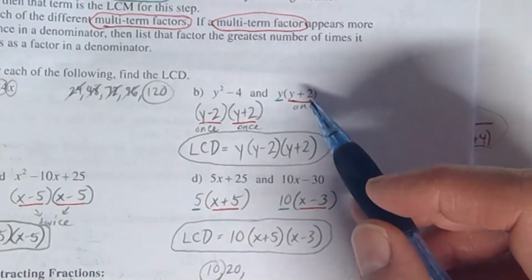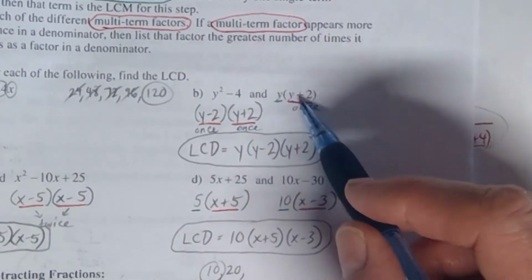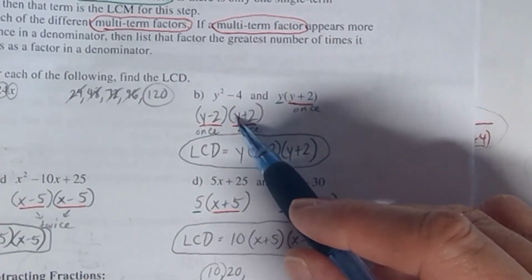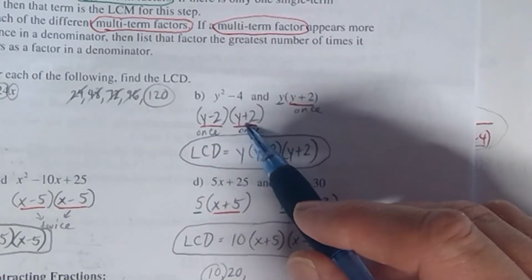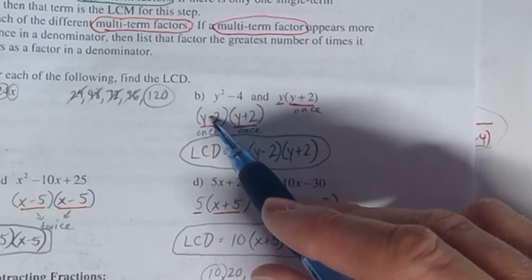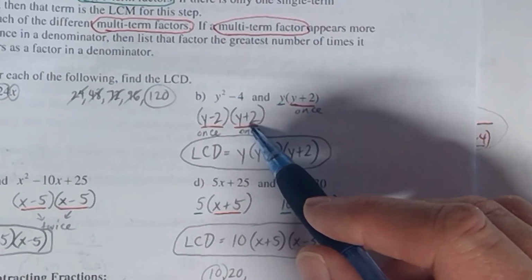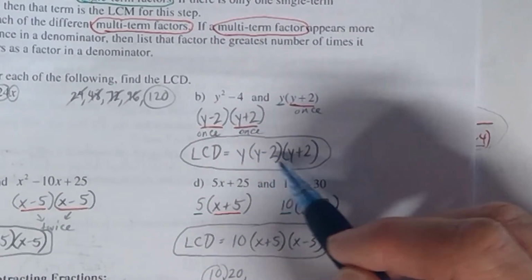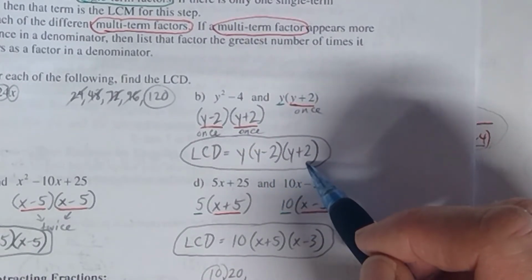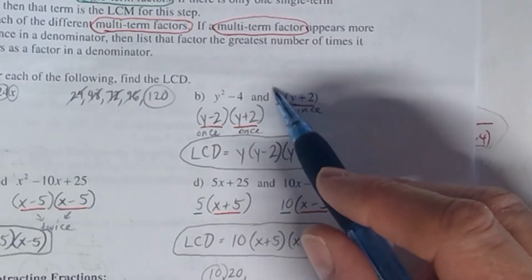You can see here, for example, I had y plus 2 occur in both of the denominators, and then this one just appeared in one of them. But none of them ever appeared more than once in the same place, and so you just simply put them both into the answer 1 time each. The y is different because that was a single term factor.